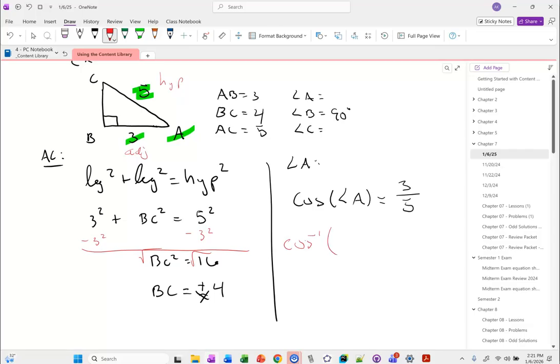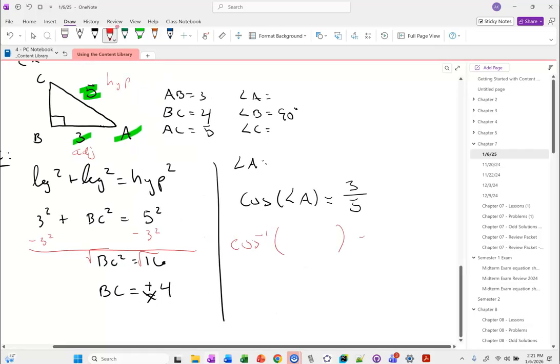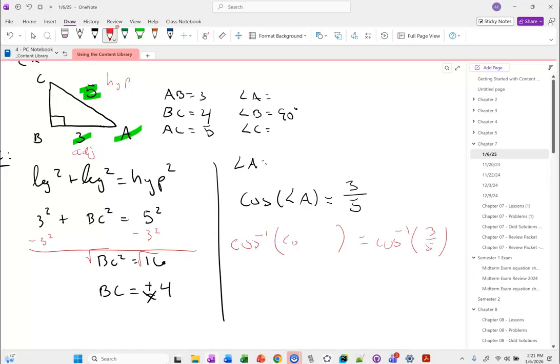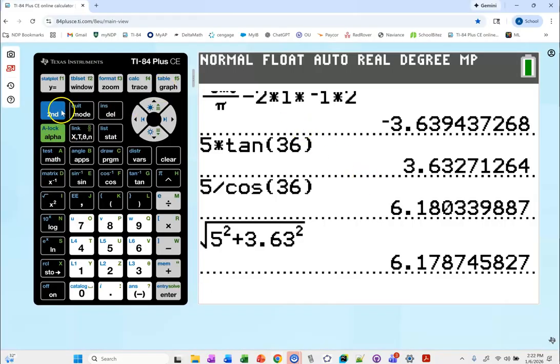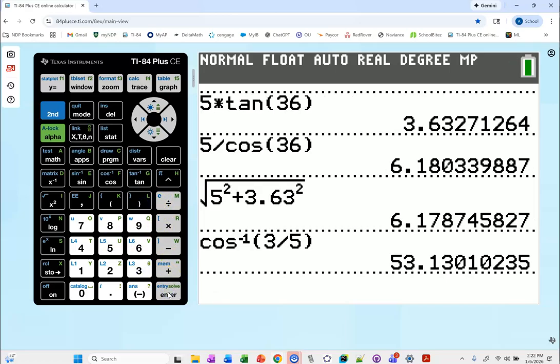So we'll do cosine inverse to both sides. And now it's calculator time. So second, and then the cosine button. That gives me the cosine inverse of 3/5. And I get, rounded to 2 decimal places, 53.13.